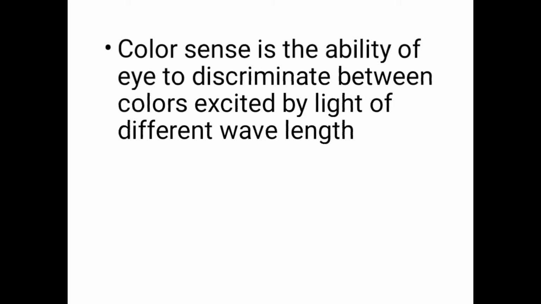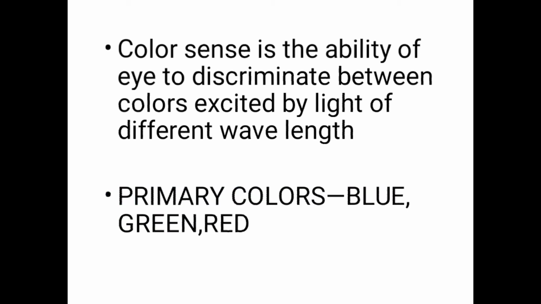So you can easily identify or discriminate which is a green color, which is a light green color, which is a red color. Like that you can discriminate the color of the object, right? That is mainly because the light has different wavelengths. So color vision is the ability of the visual system or eye to perceive the different colors.